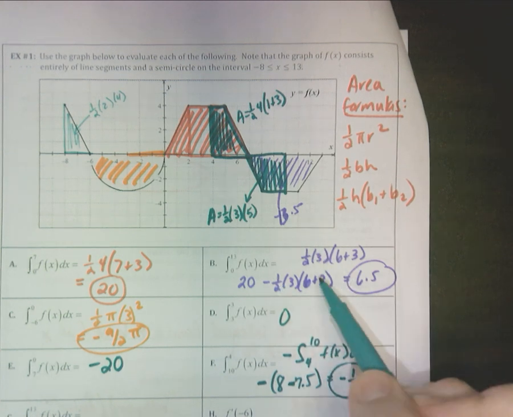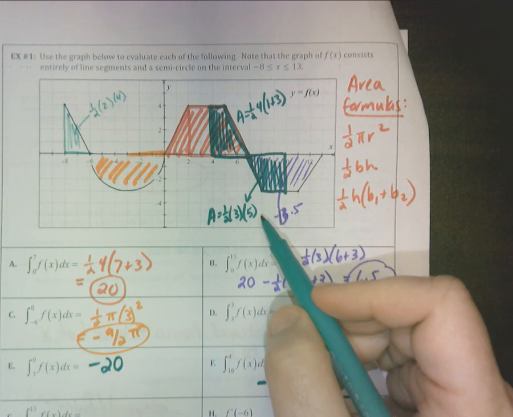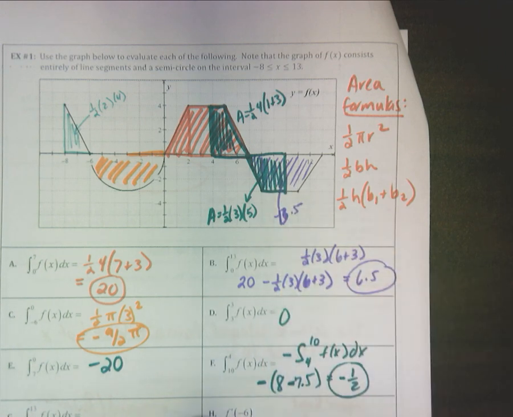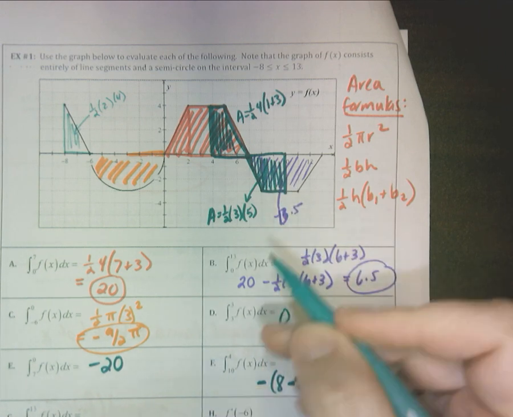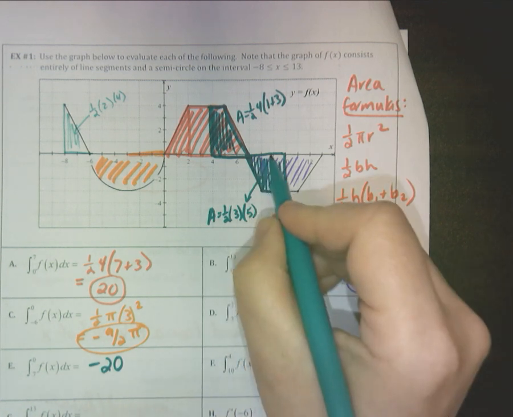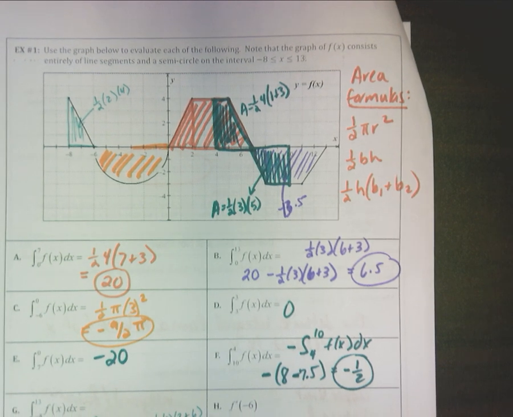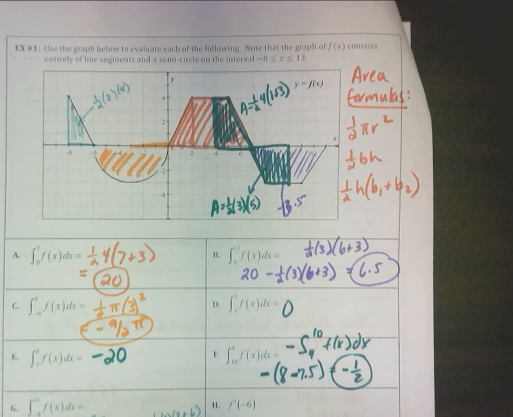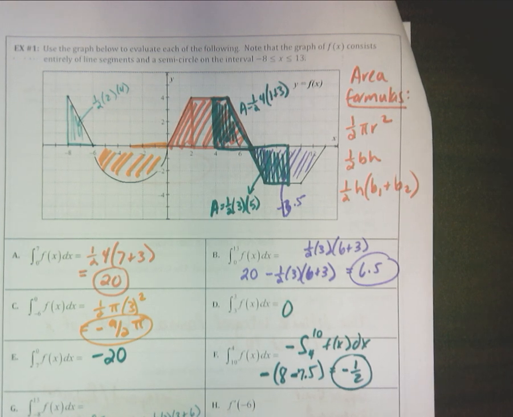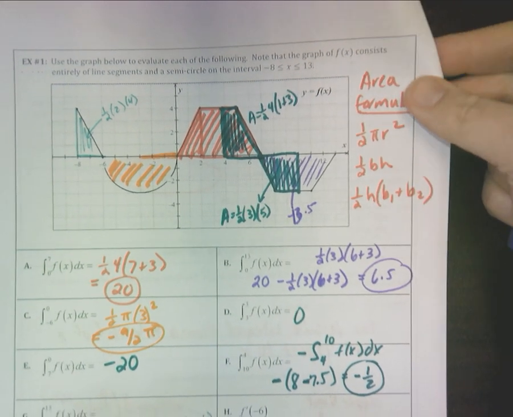No, we actually didn't find that one. So that would be half of 3 times the base, which is 3, plus 6. Okay, and all of that, you just add together, and you would get 10.5 minus 9 pi over 2. I'm not going to figure that out as a decimal, but I think you get my drift.